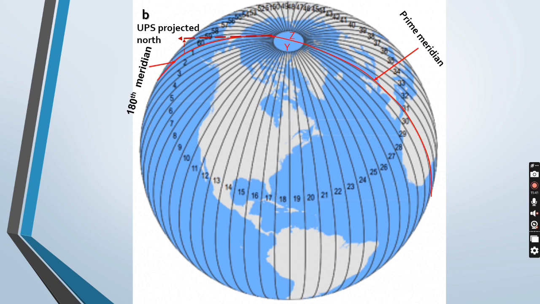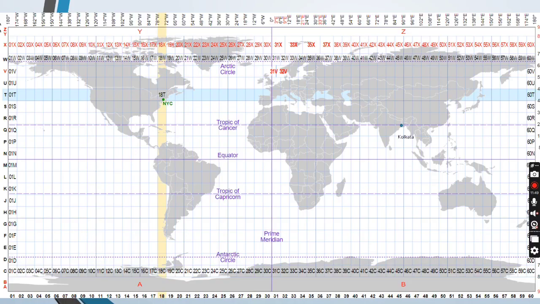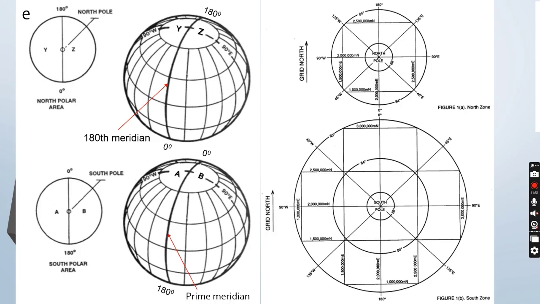Where is this conjunction required? From 84 degrees north to 90 degrees north, and from 80 degrees south to 90 degrees south. So in brief, I'll summarize this UPS system, that it is only utilized for polar regions.